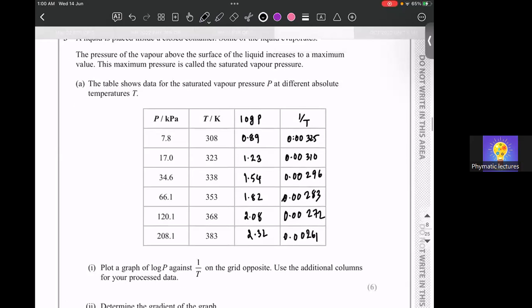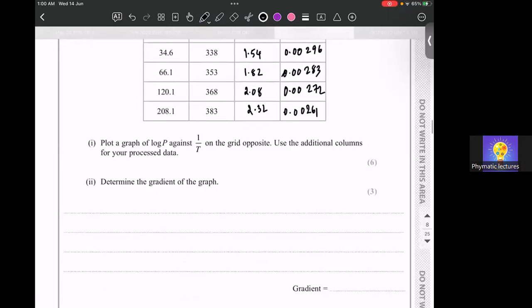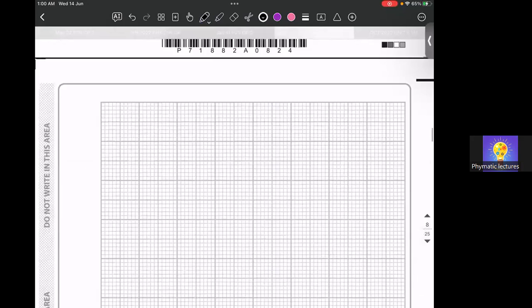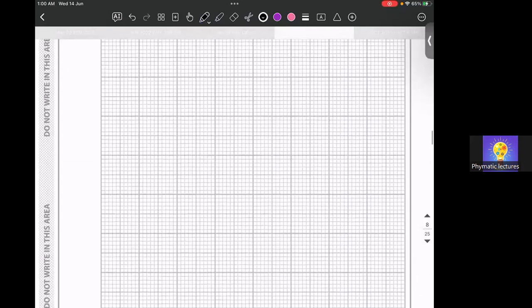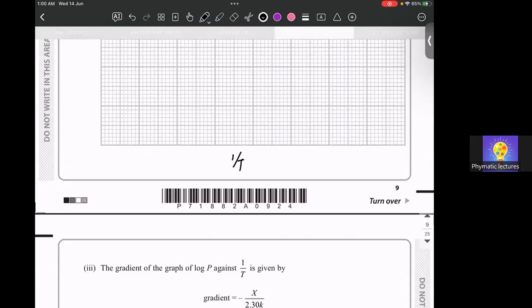Okay, so based on these values, we are going to plot the graph. We'll keep log P on our y-axis and 1 over T on the x-axis. You can see the log values go up to a maximum of 2.32.